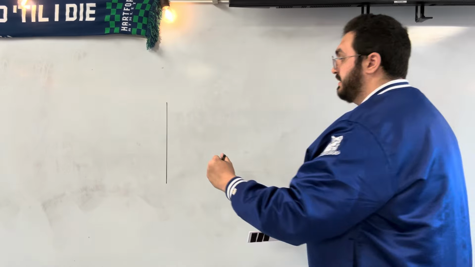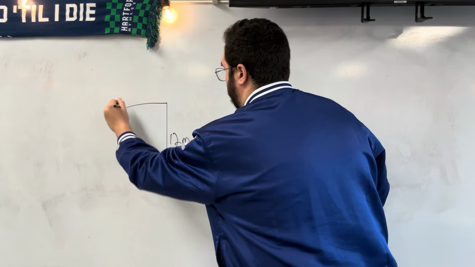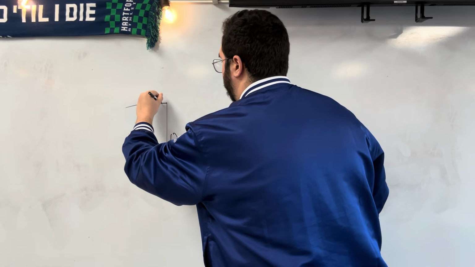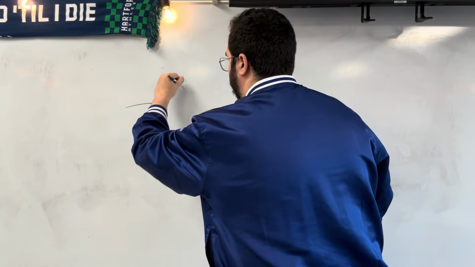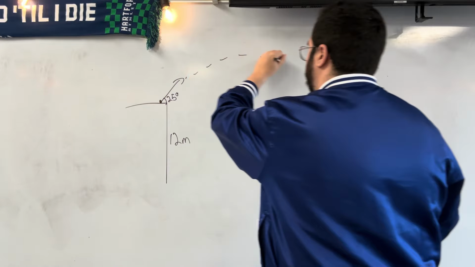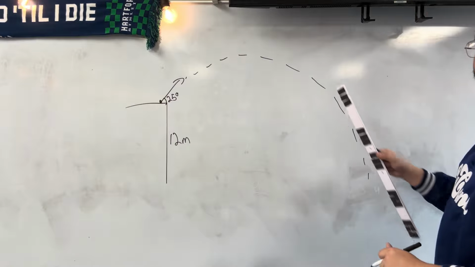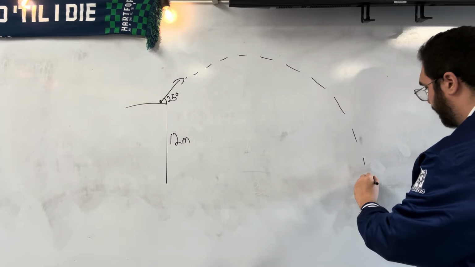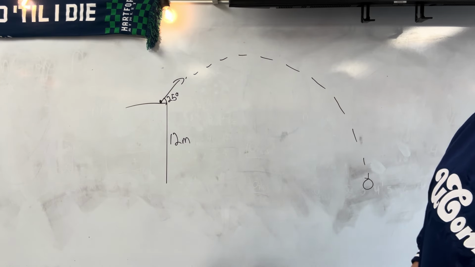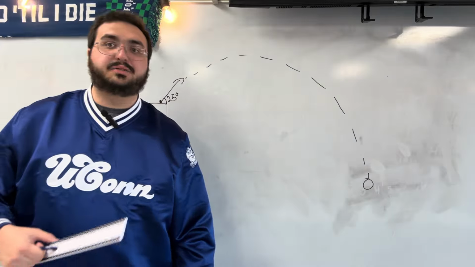This has a height of 12 meters. And I kick my soccer ball at an angle. That angle is 25 degrees. It is going to go over a certain height and distance until it eventually hits the ground somewhere around here.